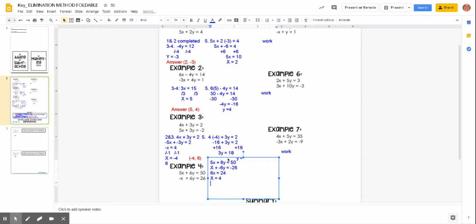I go ahead and substitute that in. I'm going to use the bottom, so I'd have a negative 4 plus 6y equals 26. And I know that's negative 4, so I'm going to add 4 to both sides.